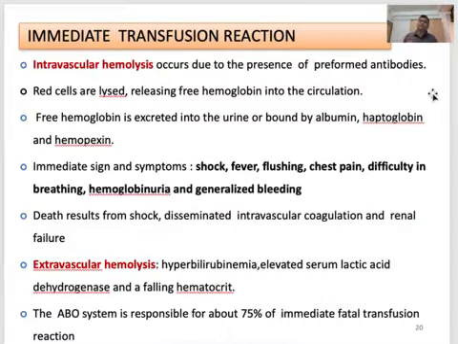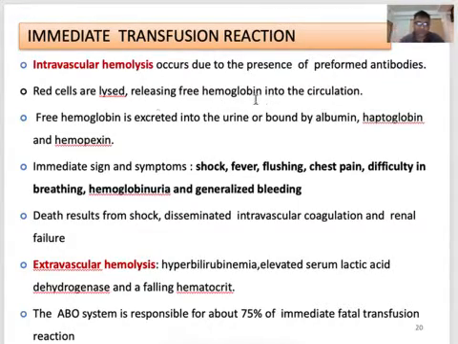That means the immediate transfusion reaction will occur if my body already has antibodies against the incoming transfused blood cells.